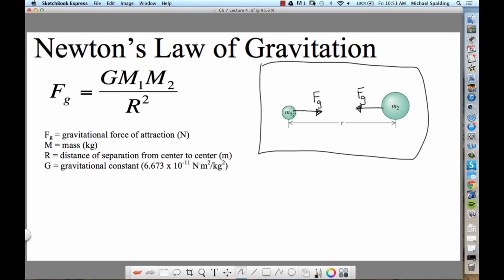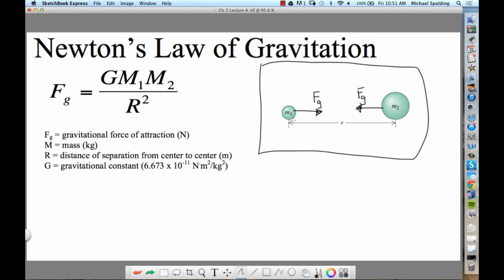Now, M1 and M2, different sizes. Are these two forces the same or different? M1 is little, M2 is big. The forces are still the same, even though M1 is small and M2 is big. Because what does Newton's third law tell us? You remember Newton's third law? Every force has an equal and opposite reaction force.